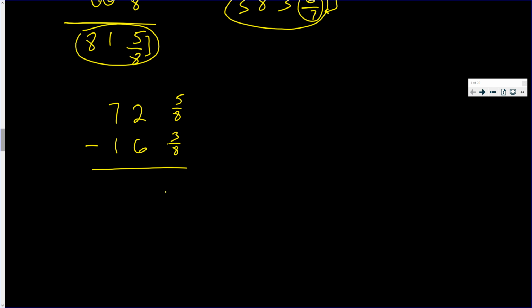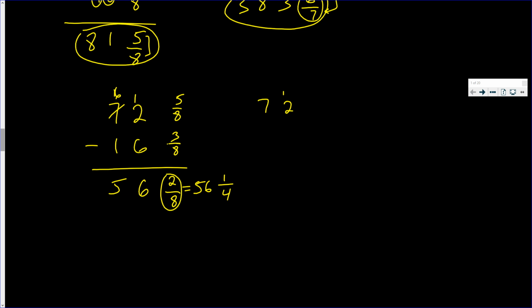So when you subtract, since they're both 8, 5 minus 3 is 2. Borrow 1. Make that a 12. 12 minus 6 is 6. 6 minus 1 is 5. But this can be reduced. I can divide top and bottom by 2. It's 56 1/4.